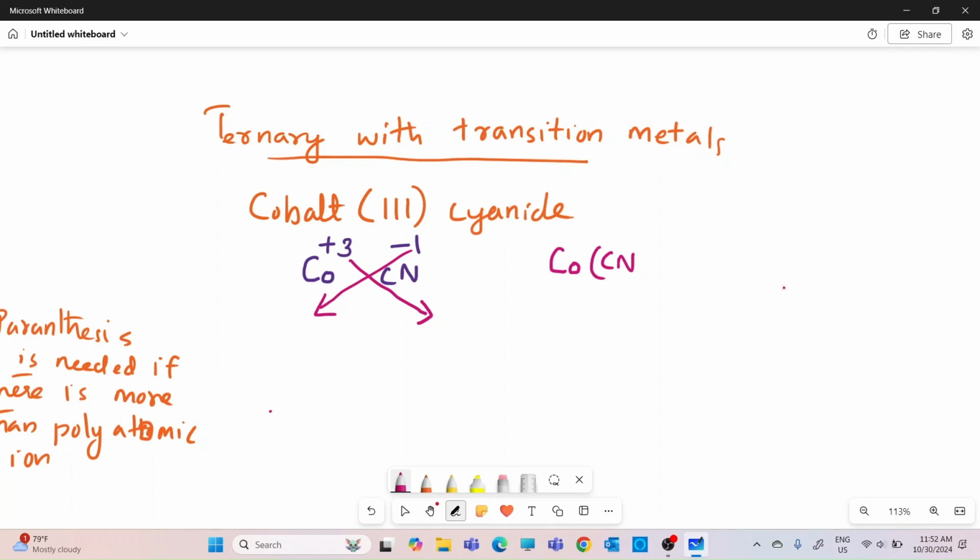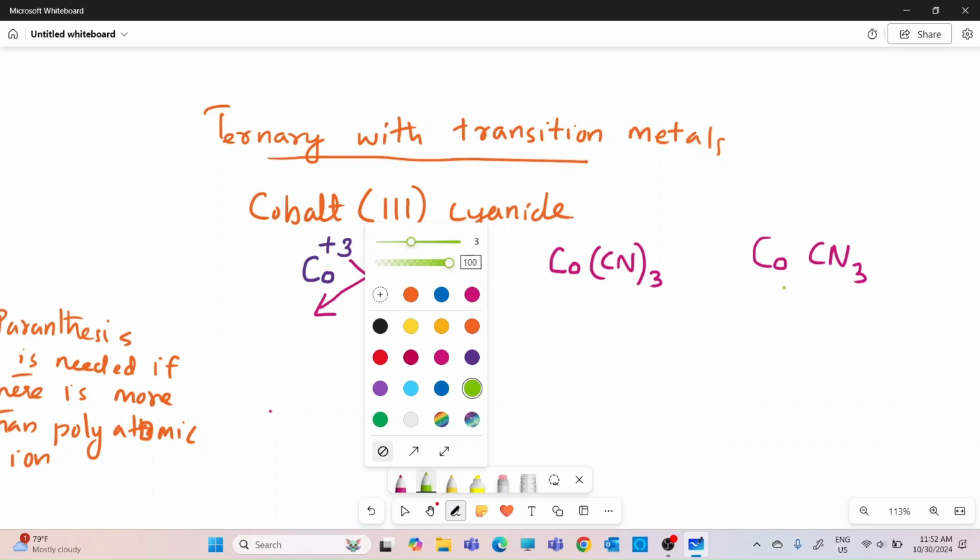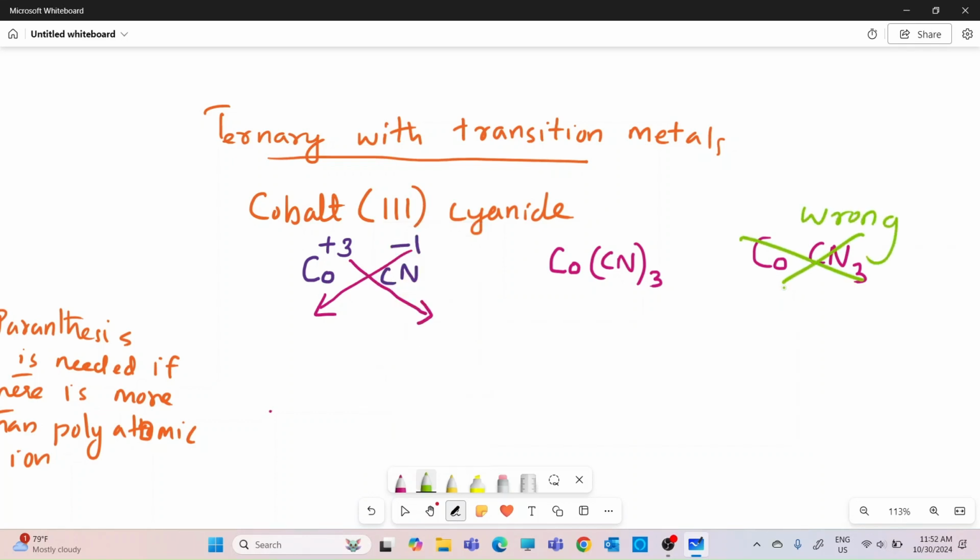That means we have to put 3 here. Remember, you will all have a habit of writing CN3. This is wrong. This 3 is only applicable to nitrogen. Don't write like this. This is the correct formula, Co(CN)3.